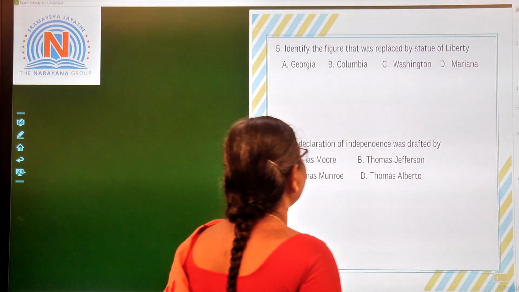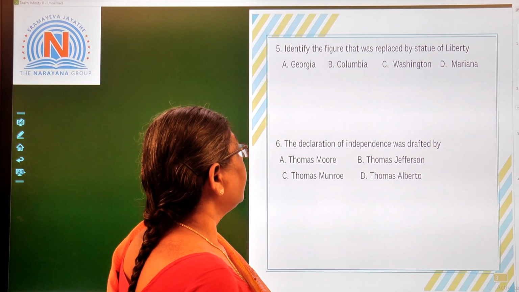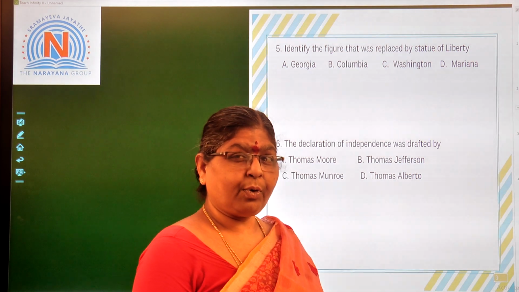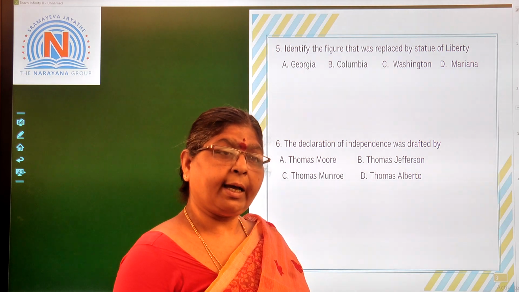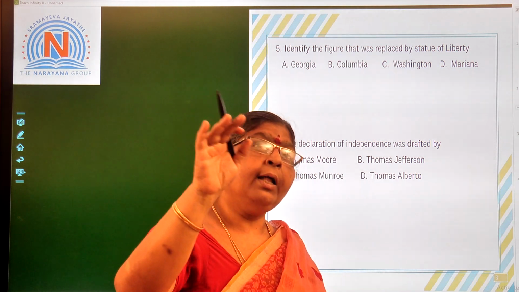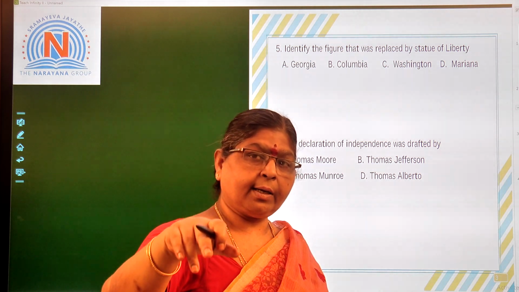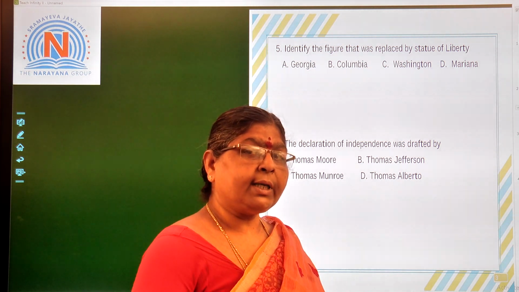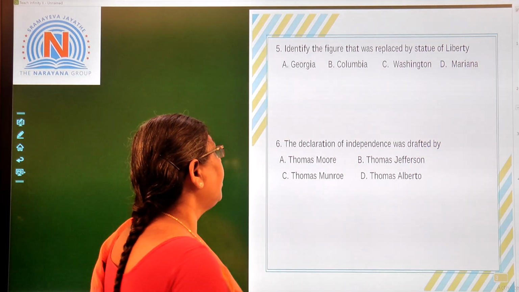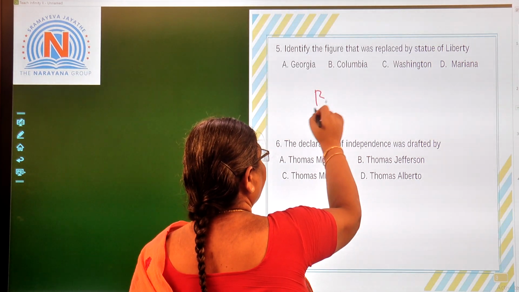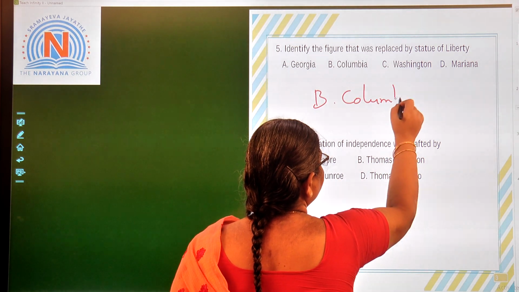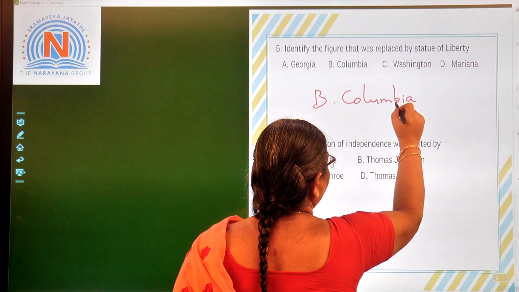Now let us look at the next one: identify the figure that was replaced by the Statue of Liberty. The Statue of Liberty, you know very well, is very famous in America. Before that, there was a figure describing the American independence. That is Columbia. Columbia was removed, and they placed the Statue of Liberty, which was gifted by the French people to America.